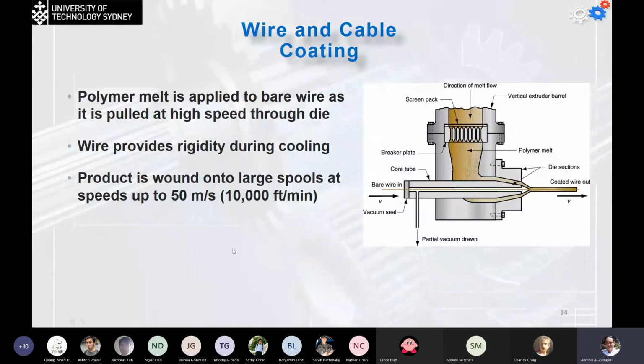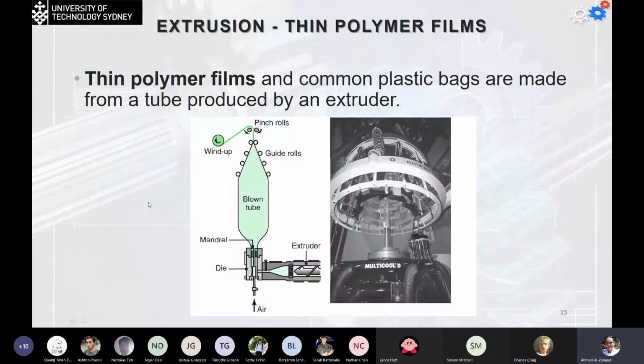The same extrusion process can also be used to make thin polymer films, as you can see here. The mandrel sends the air at a higher rate, and this causes the tube to blow up instead of having a thick-walled tube. Then we run it through guided rolls and wind it up, and it becomes very thin film.